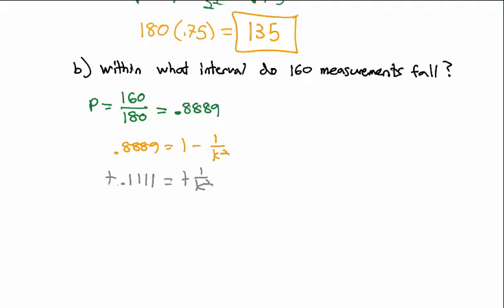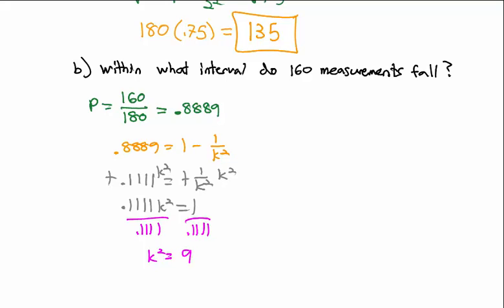Negative to negative makes them positive. And then we'll multiply both sides by k squared. So 0.1111 k squared equals 1. Divide by 0.1111, and k squared equals 9.